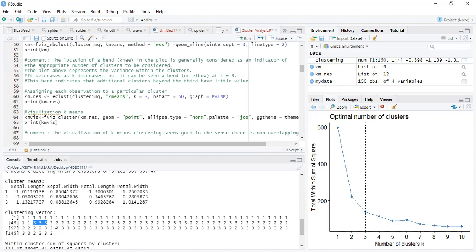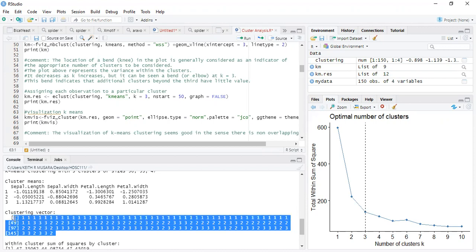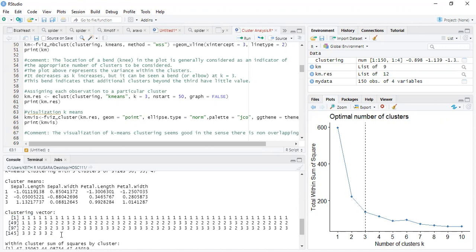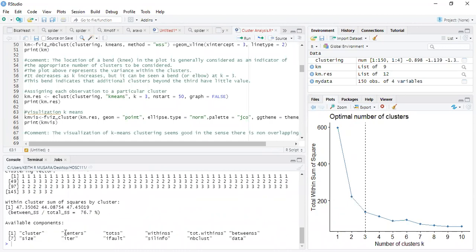So you're assigning each and every observation into a particular cluster, since you've selected 3 clusters. Play around with those functions to get more impression about that. So the second step is assigning each observation to a particular cluster.